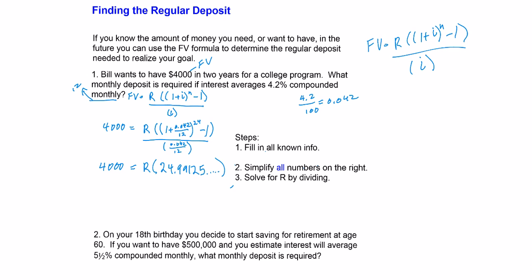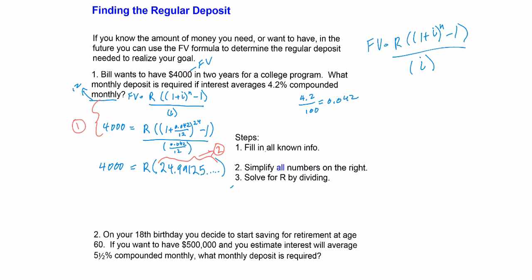In our problem, the steps that we have followed so far: we filled in all the info, so this part was number 1. Then we simplified all the numbers on the right side, so this part is number 2.